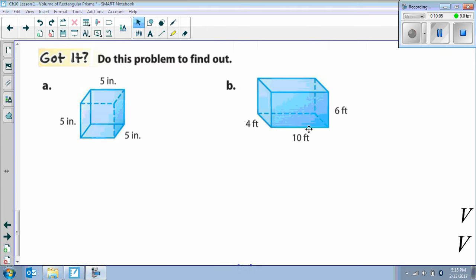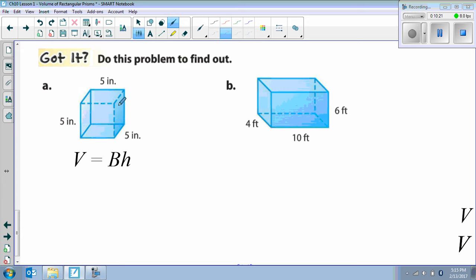All right, so let's do these problems together. Here we have a cube, and when we do the cube, again, we're going to start with our general form. Volume is equal to the big B times the height. And then we're going to realize that because we have a square here, the big B is going to be length times width. So we have volume is equal to the length times the width.